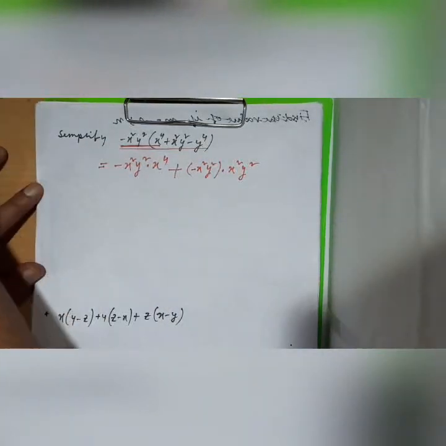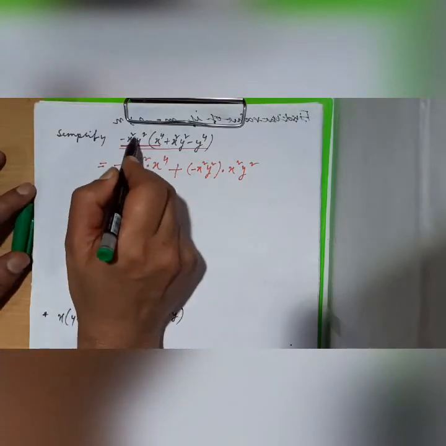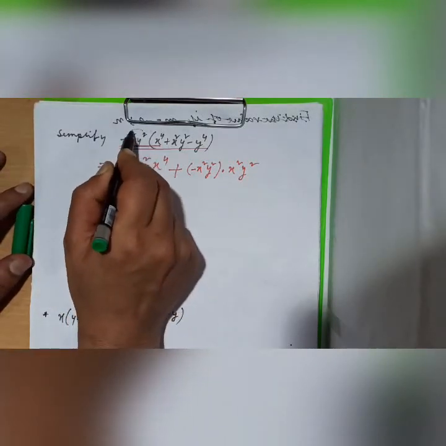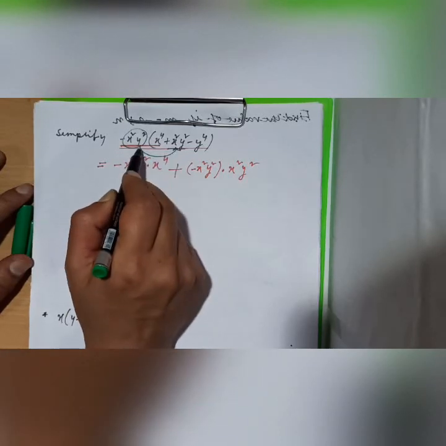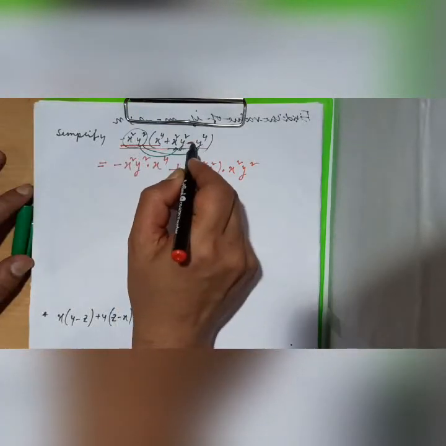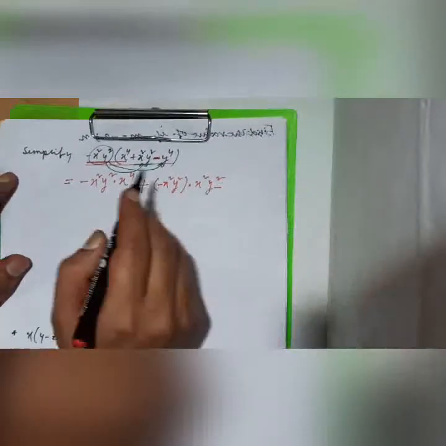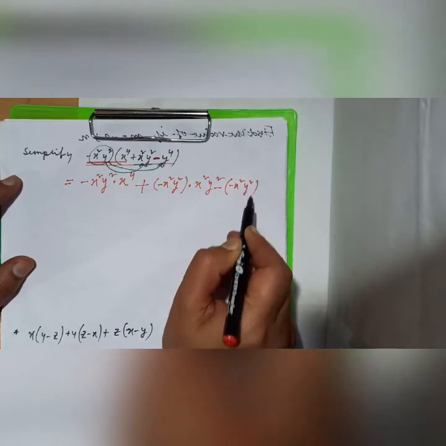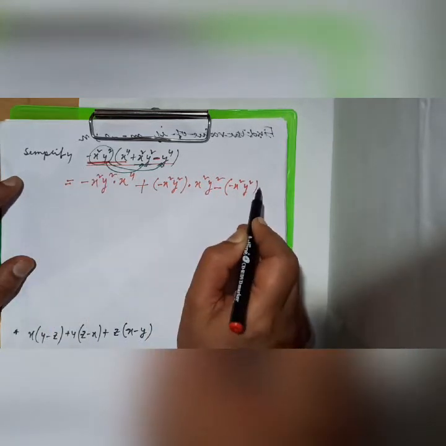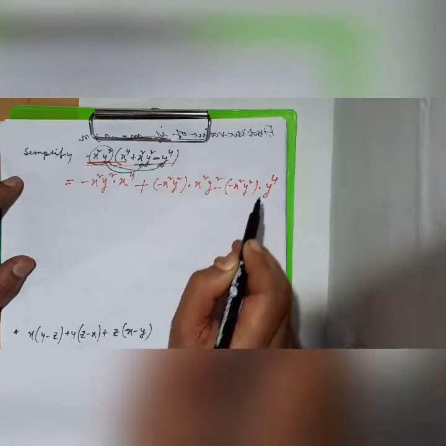I'll show this second. First this one, second one this one with this, and now third one with this, minus. Now this I'll write this one into y to the power 4.